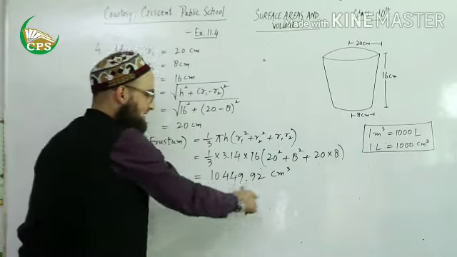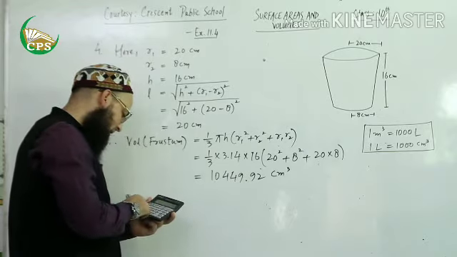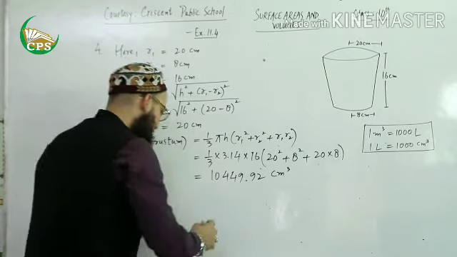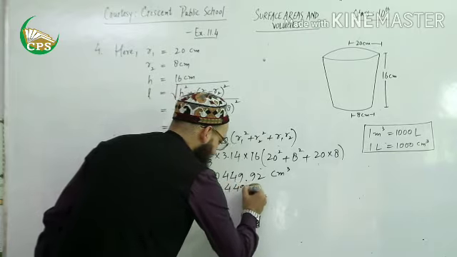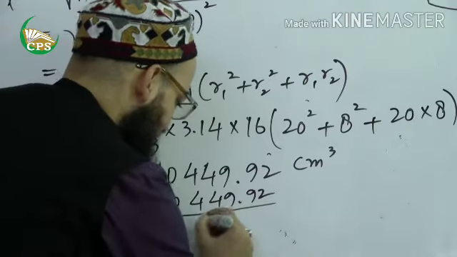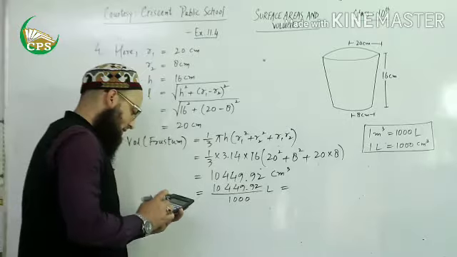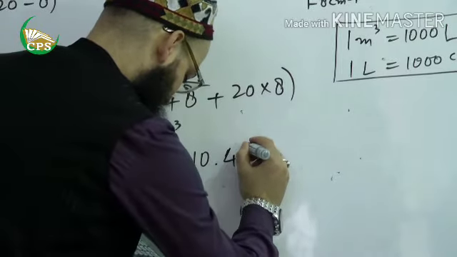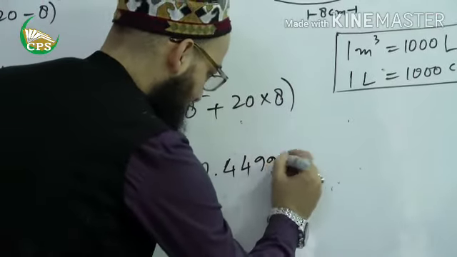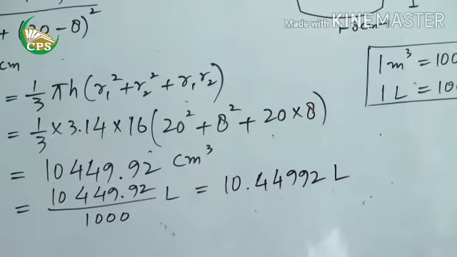So this much cubic centimeter is this much divided by 1000. 10449.92 divided by 1000, so we are in liters now, and that is 10.44992 liters.